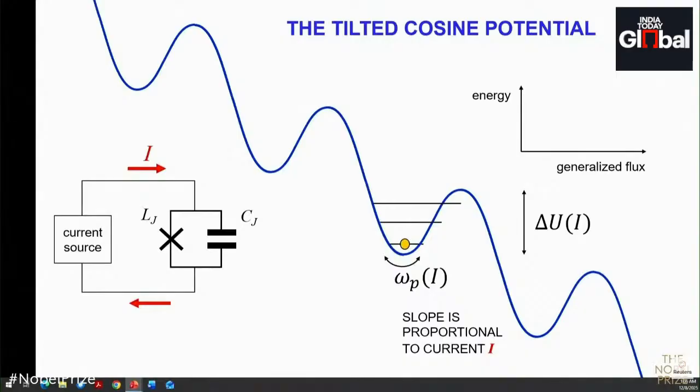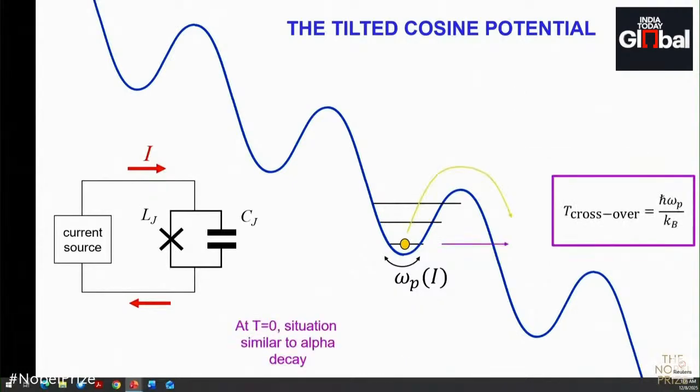There are two parameters that determine this potential, two very important parameters. There is this plasma frequency, omega sub p, which is the frequency of the small oscillation at the bottom of the well, and there's this barrier height. It is absolutely crucial in the experiment to control these two parameters.